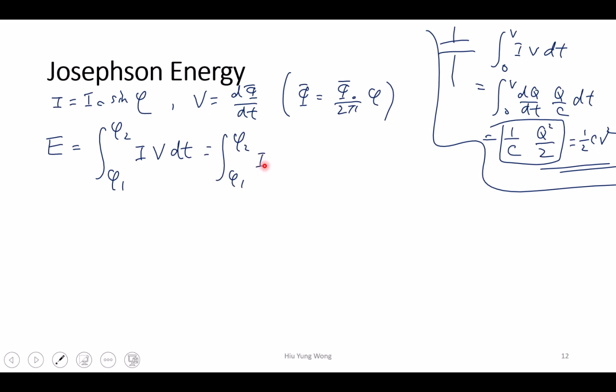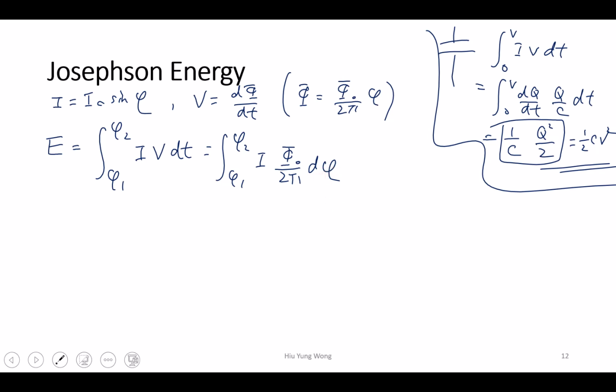V dt here is equal to the magnetic flux, d flux. V dt becomes d flux, and d flux is just equal to phi 0 divided by 2 pi d phi.